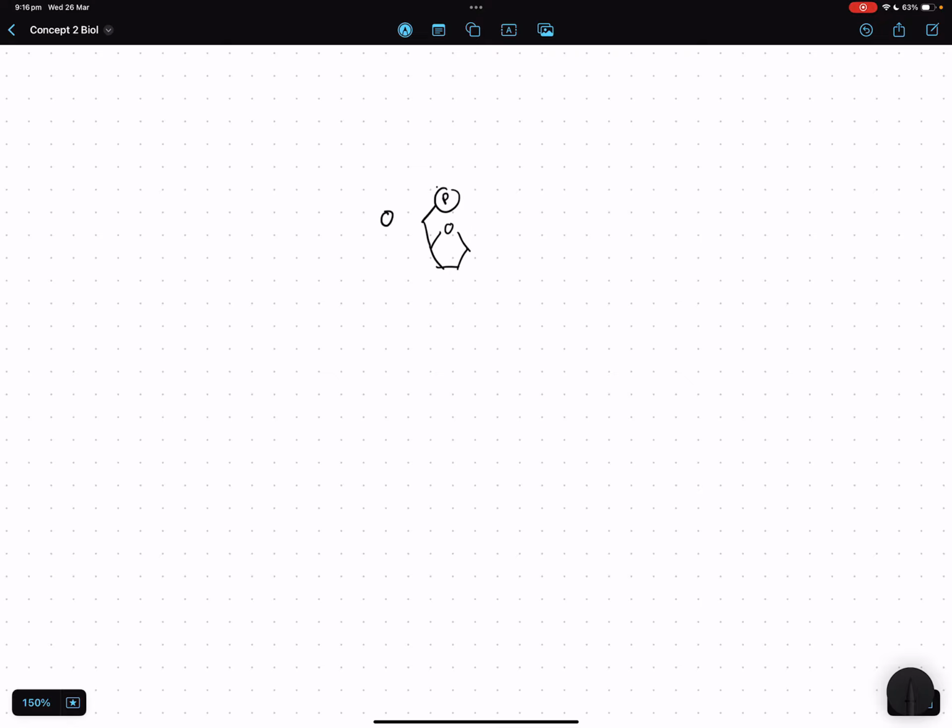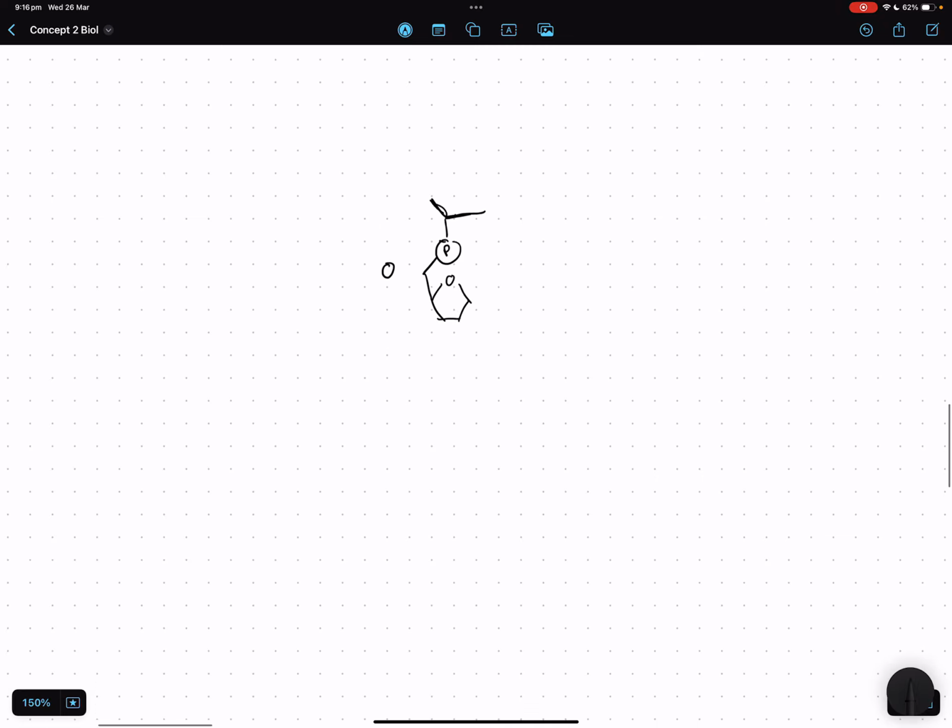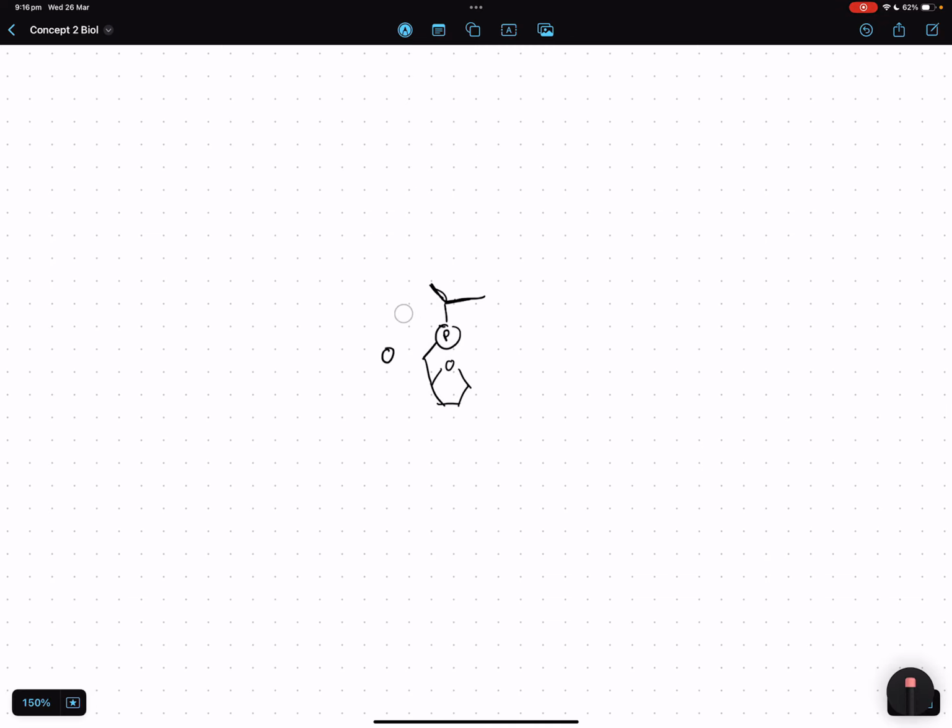Not exactly, but roughly. Oh my gosh. What am I trying to show here? I'm trying to show this poor molecule.